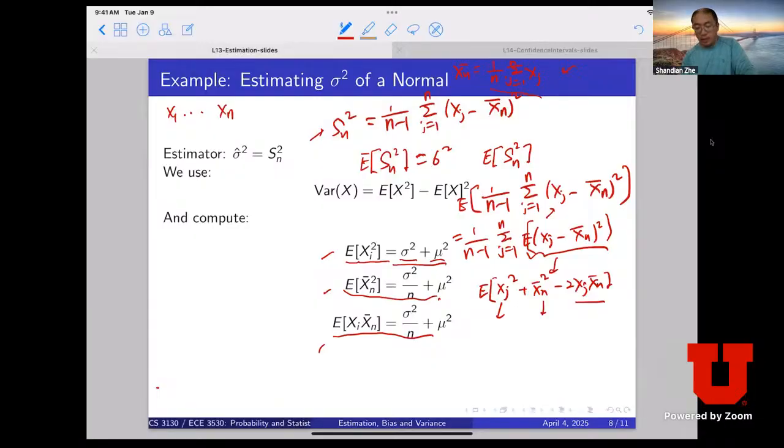You just substitute them into there. So this is just a quick check. Remember, the expectation of xj square is mu square plus sigma square. And the expectation of the sample mean square is sigma square over n plus mu square. And this guy is mu square plus sigma square over n, but you need to multiply with 2, so you're going to subtract 2 mu square minus 2 times sigma square over n.